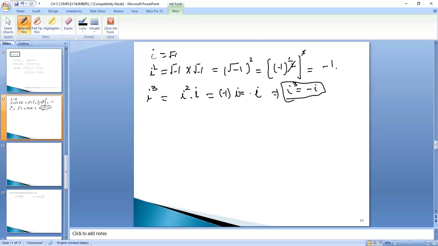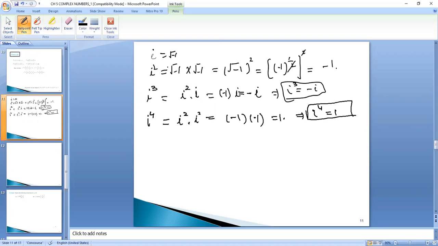And if we have to find iota 4, we can write iota square into iota square. It will be -1 into -1, which means 1. So iota power 4 will always be 1.